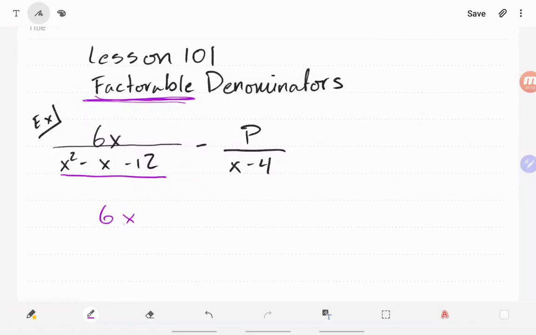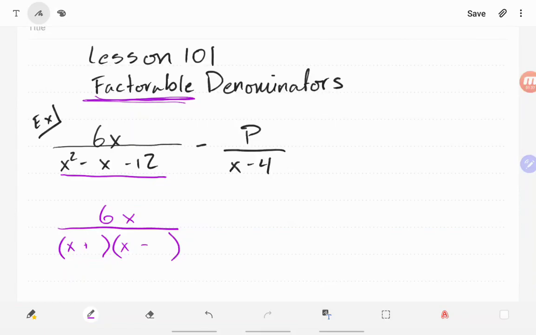So I'm going to have 6x over, well, let's see, when I factor x squared minus x minus 12, I'm going to take two x's. Since I'm dealing with a negative third term, I know I'm going to have plus minus, where the negative value is going to need to be larger than the positive.